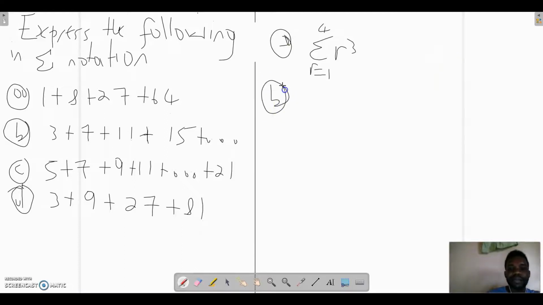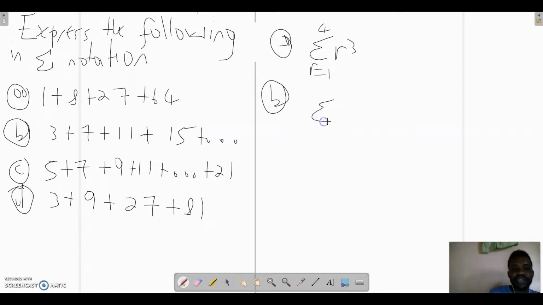Alright, B. We have 3, 7, 11, 15. But also notice that there are 3 dots, which means that this goes on and on towards infinity. Now notice that I'm constantly adding 4. 3 plus 4 is 7, 7 plus 4 is 11, and 11 plus 4 is 15. Bear in mind from the previous video, we said that we can use a shortcut to do this.